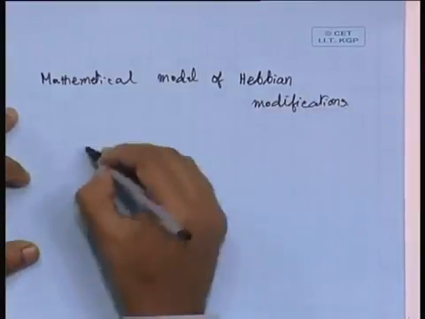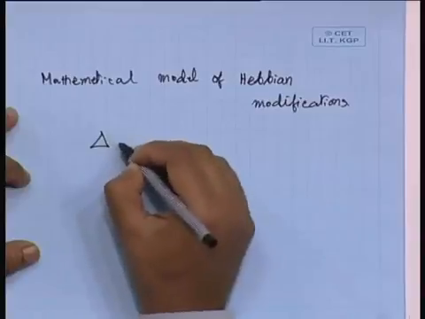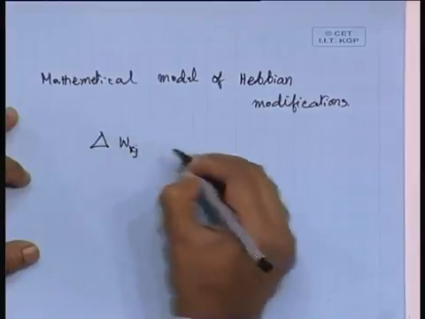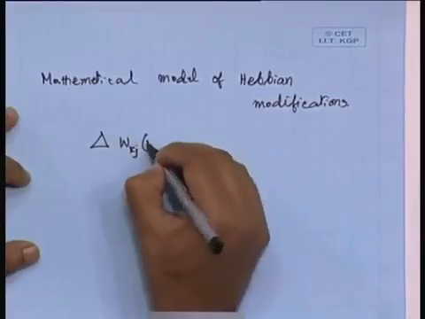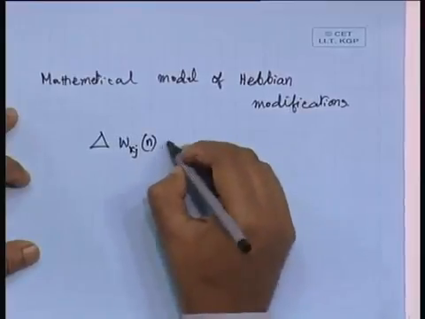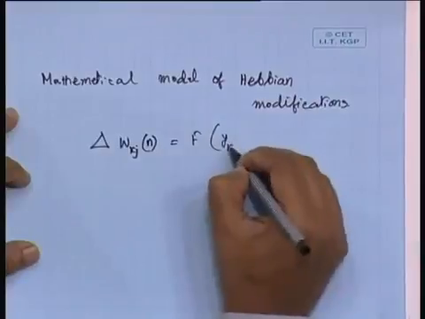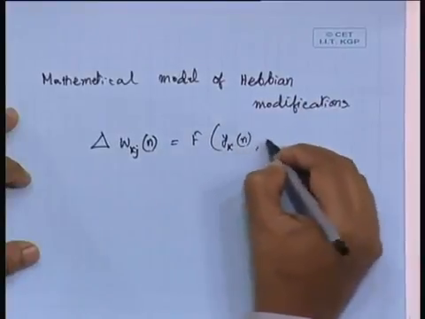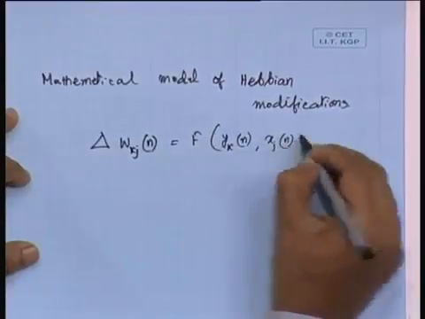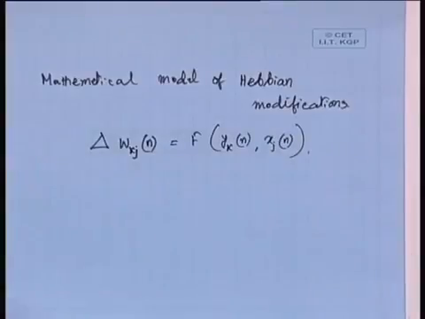And this can be stated as follows, that delta Wkj at the time step n is surely a function of Yk(n) and Xj(n), and I think we have already defined the nomenclature for this.